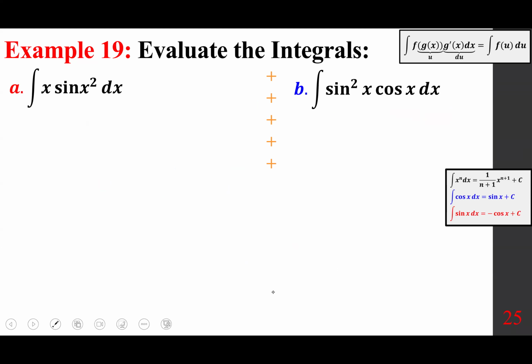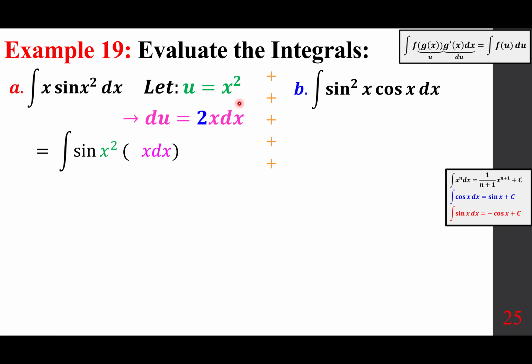When sinusoidal functions are involved, if the argument is a function of x, that's a choice of u. The derivative is 2x, which makes du 2x dx. So we're going to move things around, and therefore we notice everything is in order.